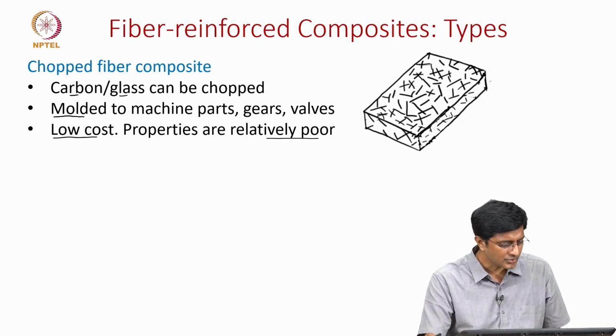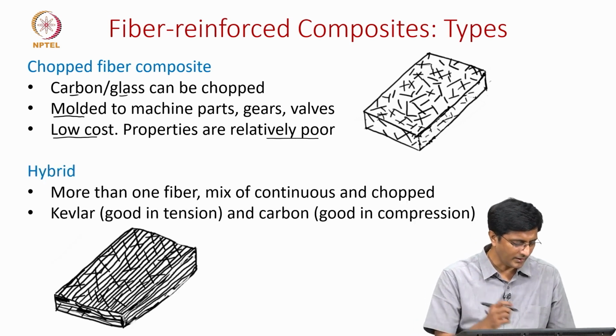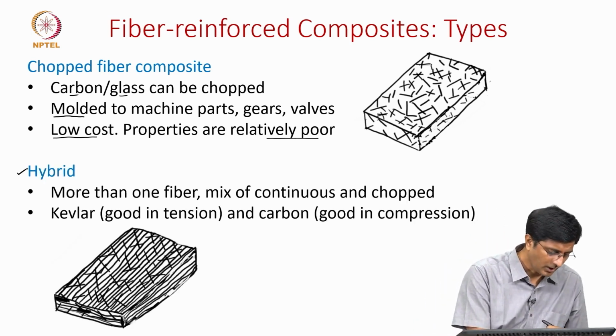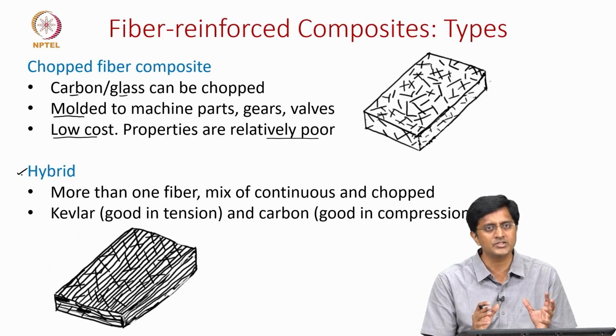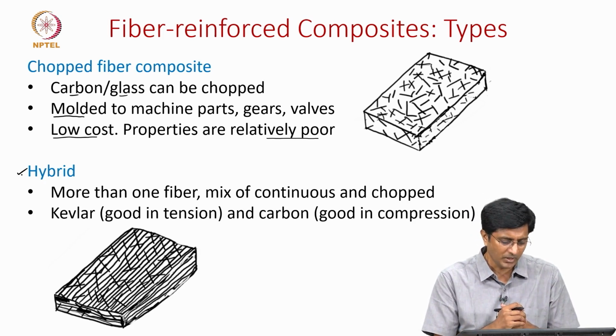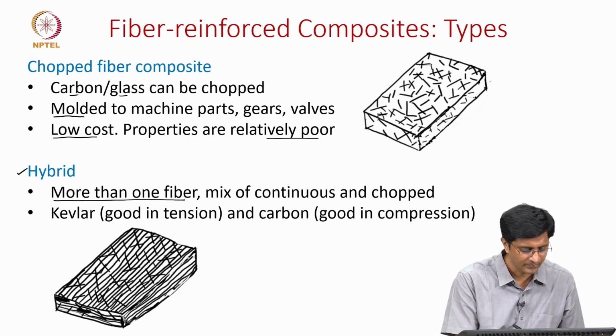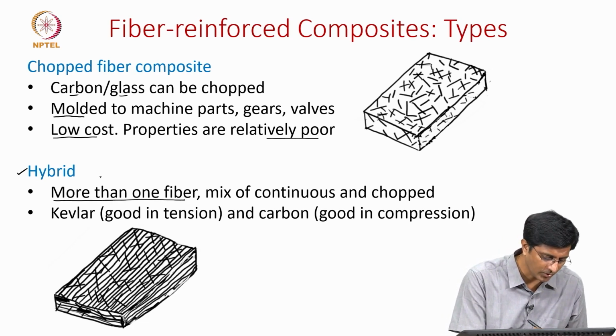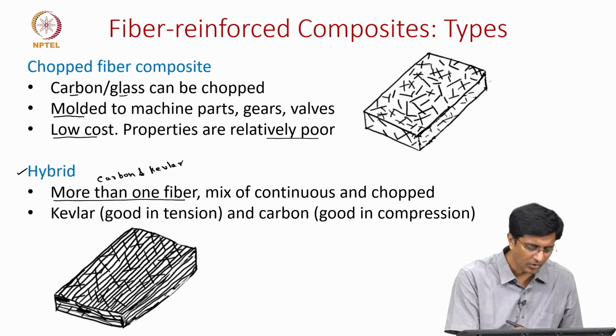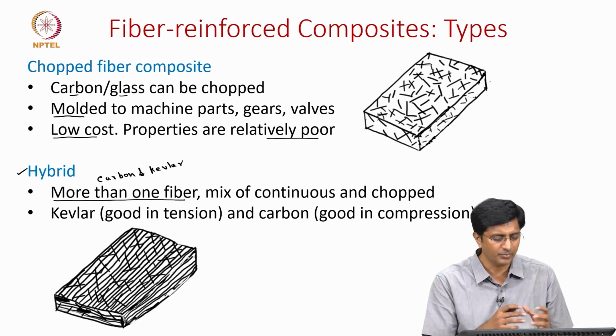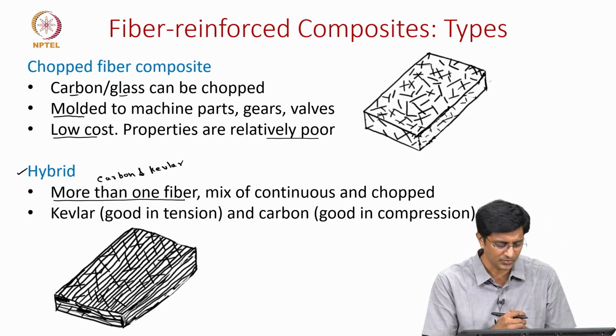In addition to the chopped, we also have hybrid composites. Hybrid, as the name suggests, is a mix of a few things. But there are two big categories in these hybrid composites. One where more than one fiber is used, like both carbon and Kevlar, or maybe carbon and glass, depending on the application we choose.